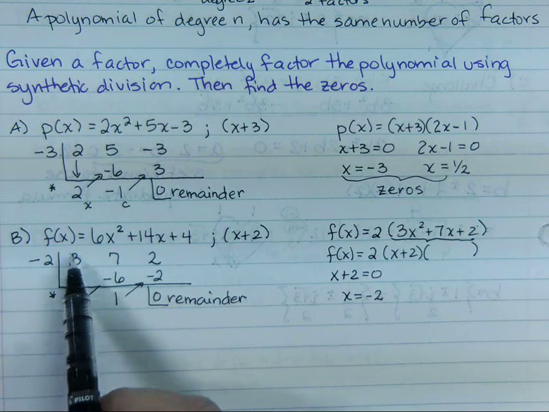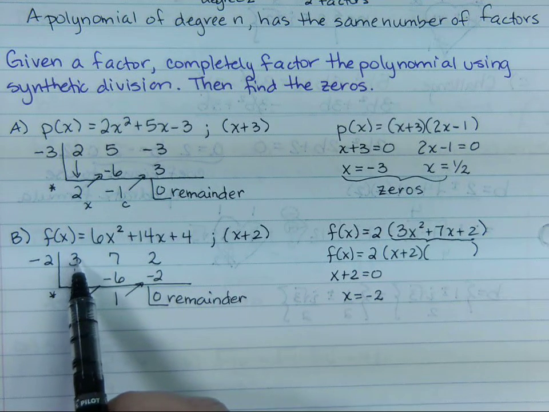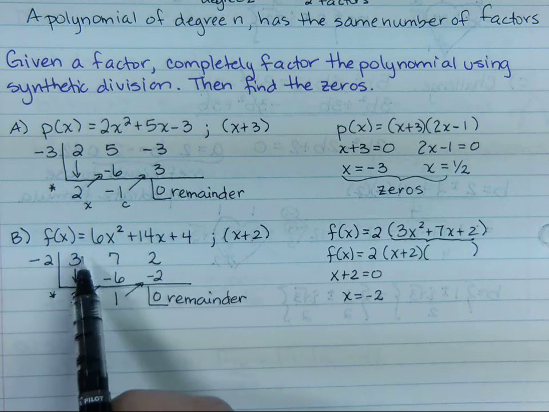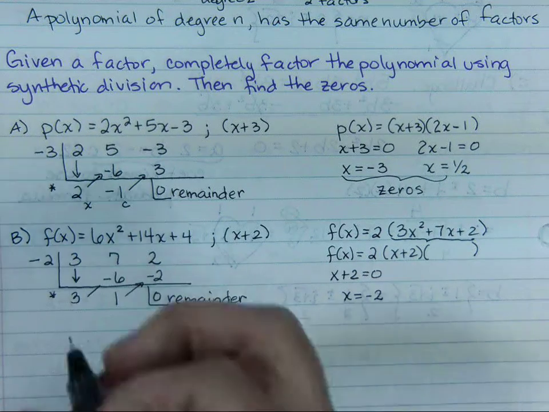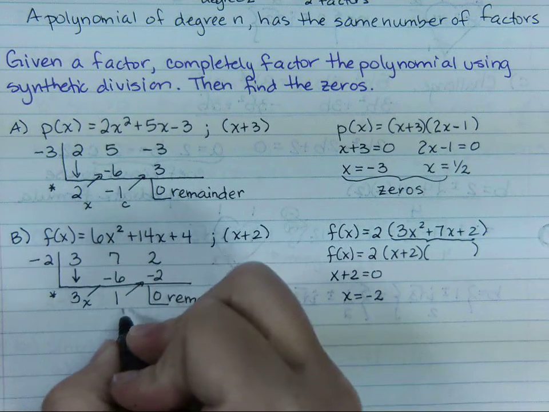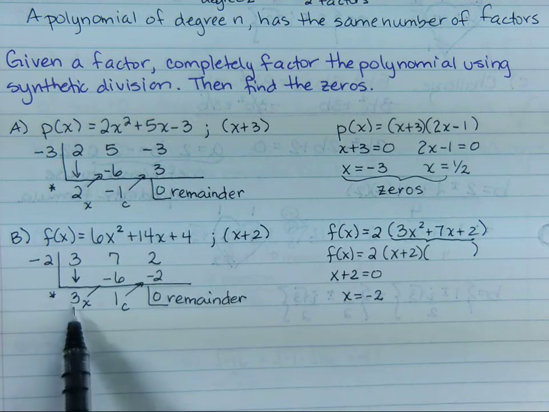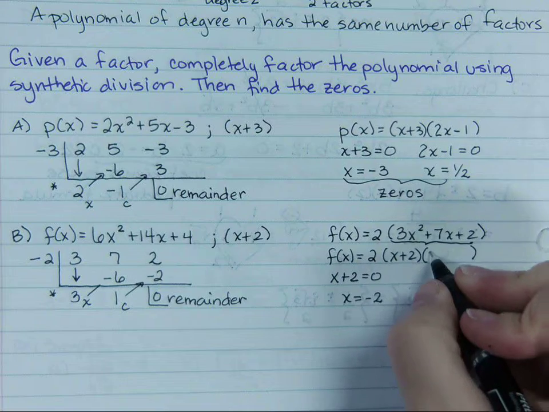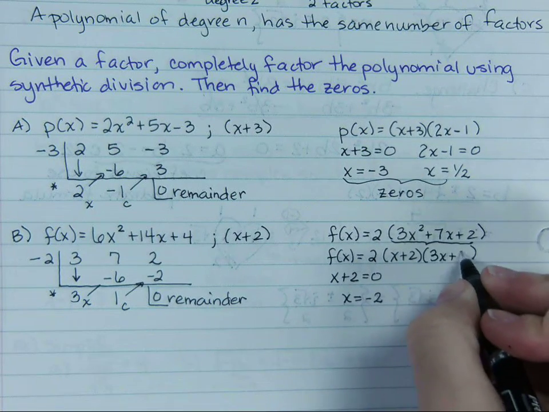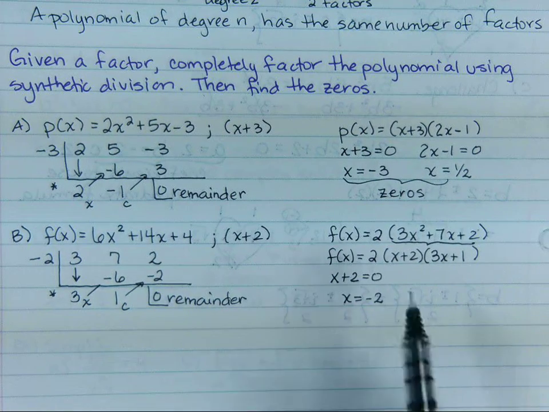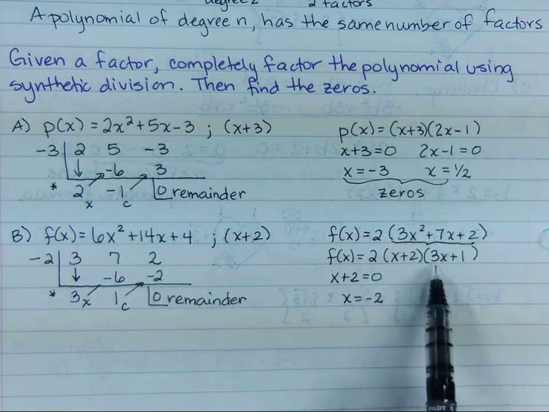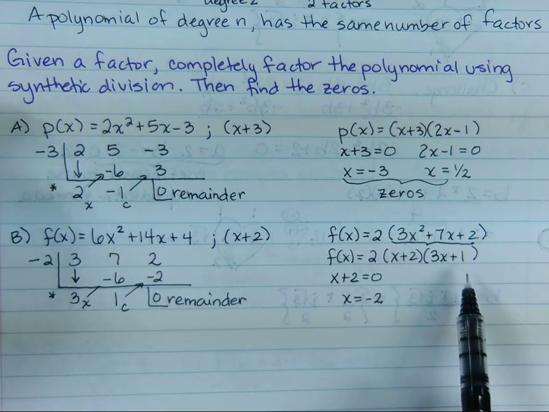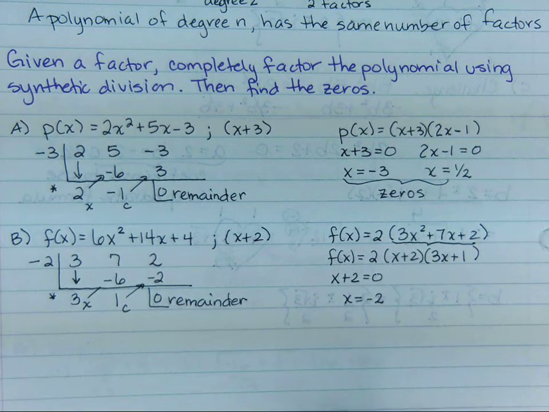The 3 is the coefficient on the square. And so since this is a quadratic divided by a linear, then again 1 power less gives me the variable and the constant. And so my other factor is 3x plus 1. And so this is the completely factored form of my original polynomial.